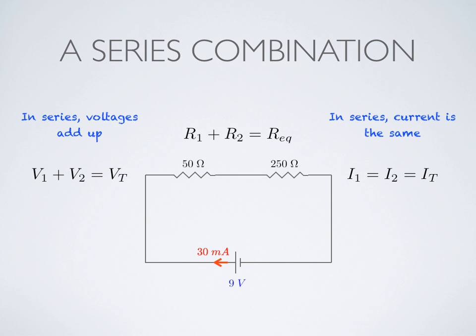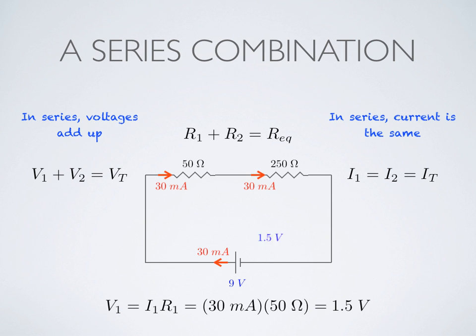Now we can look back at the two resistors again, and that 30 milliamps must go through both of them. The right side of the screen does say I2 equals I1 equals I total, so the current that goes into the first must go through the second, and both are that 30 milliamps. Now I have V equals IR for each of the two resistors separately, and I can calculate how much voltage is on the first one and how much voltage is on the second.